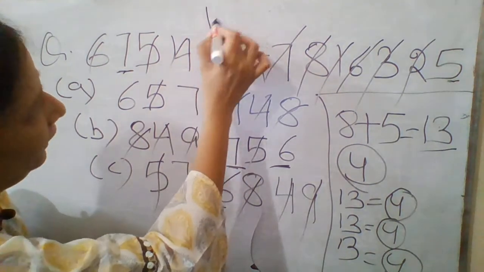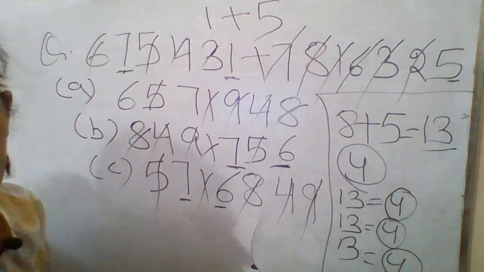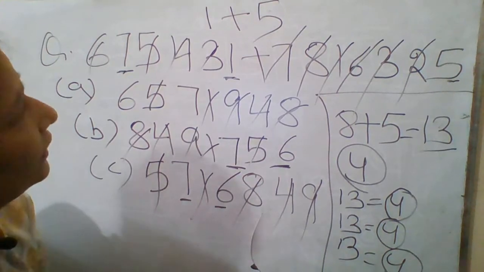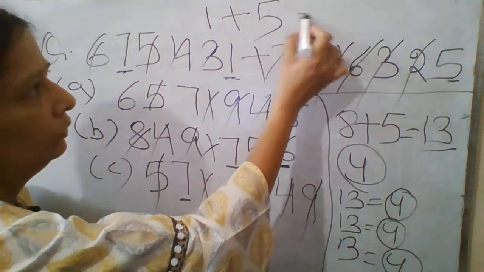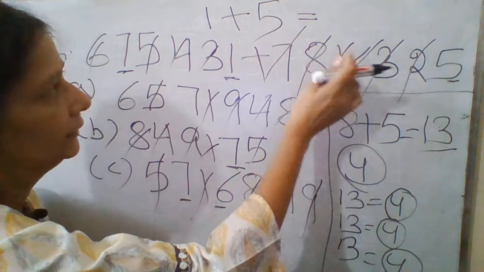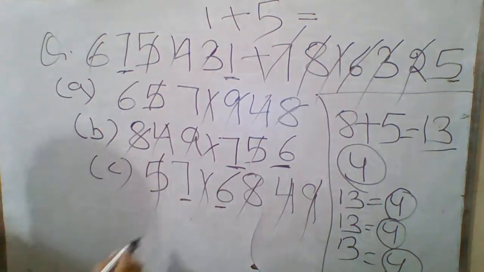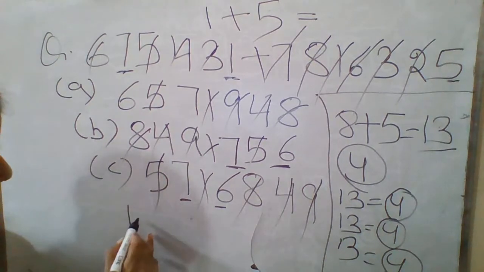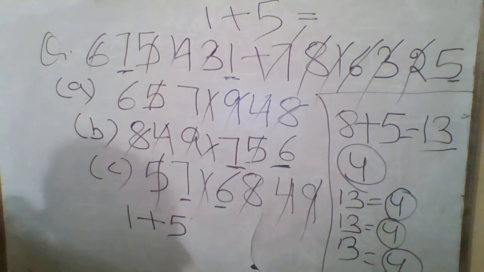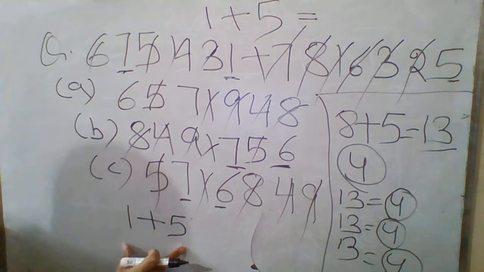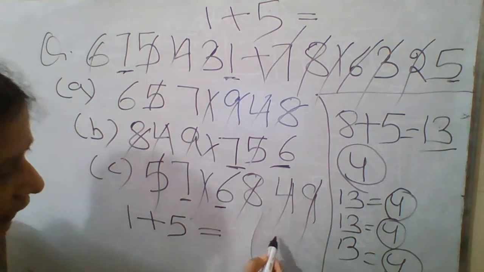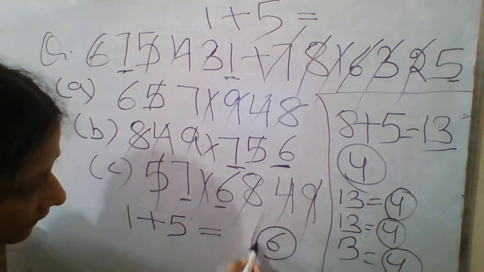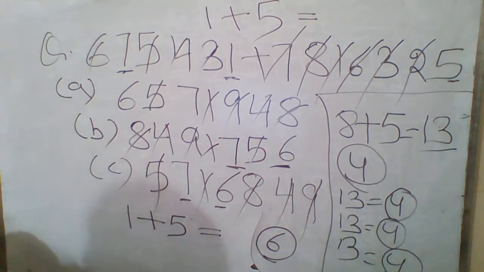Now if you add 1 plus 5, what will you get as the unit digit of this question? Again see, 1 plus 5, I am explaining here. You will get 6 as the unit digit.